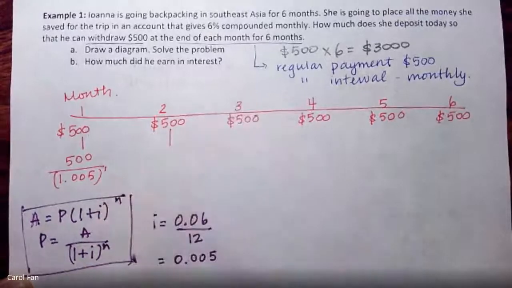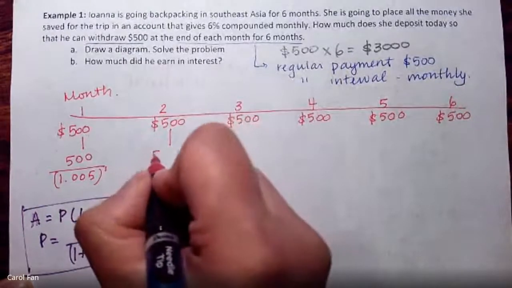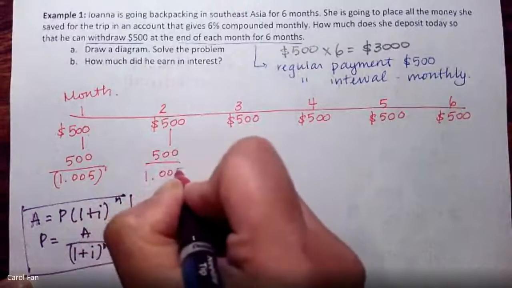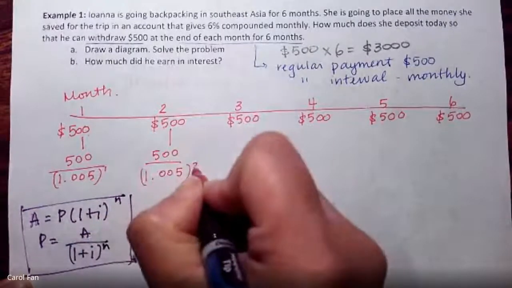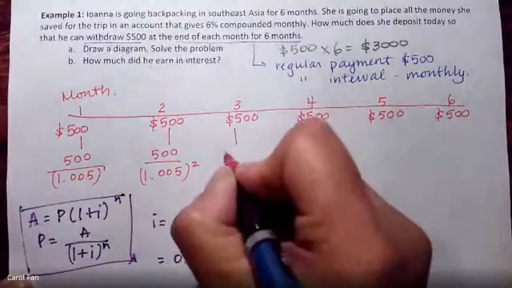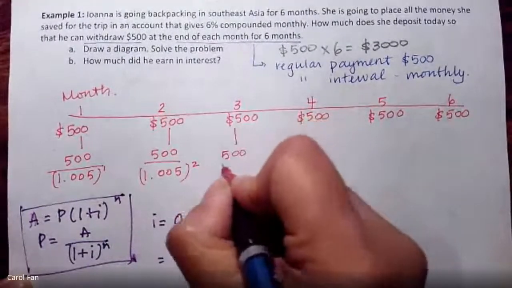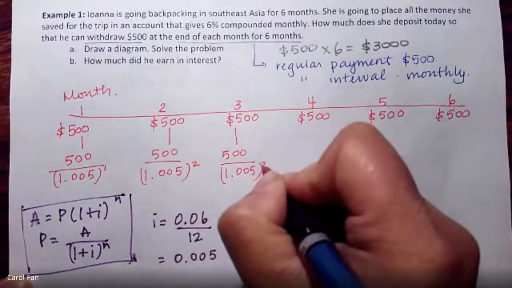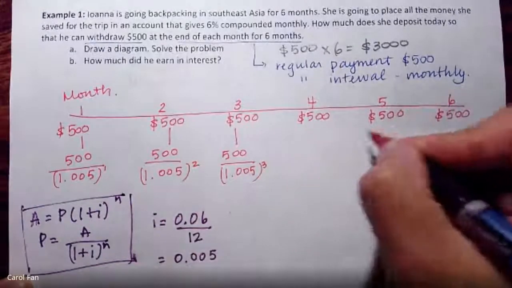The second month, I'm going to do that again, except this $500 that I'm taking out has sat in the account for 2 months now. So I have 1.005 to the power of 2. Month 3, this sum of money has sat in the bank account for 3 months now, and so on and so forth.